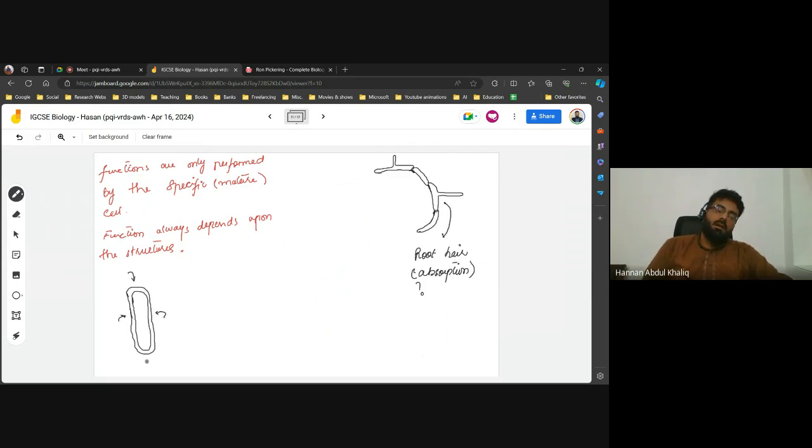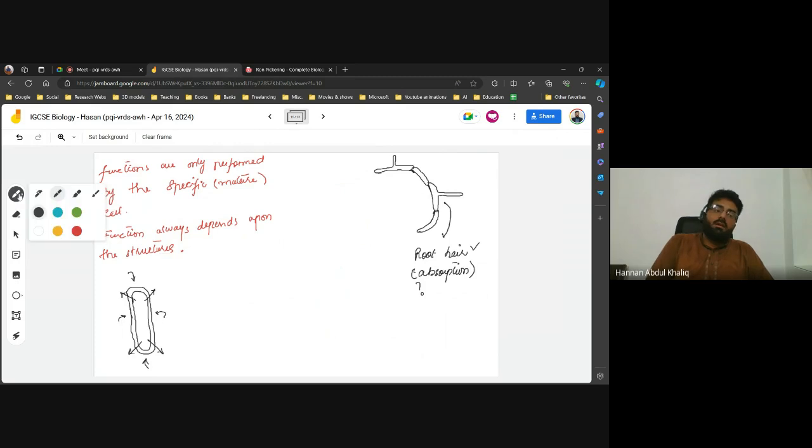It can push things outside, or it can pull things inside from all sides. But when the cells arrange themselves into a body, not all sides of the cell are free. Suppose this is a root hair cell.